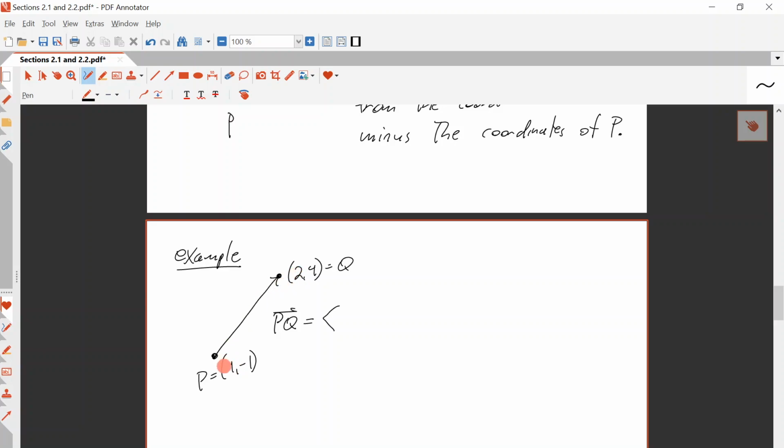So coordinates of Q minus the coordinates of P, head minus tail. 2 minus 1 is 1, and then 4 minus 1 is 5.